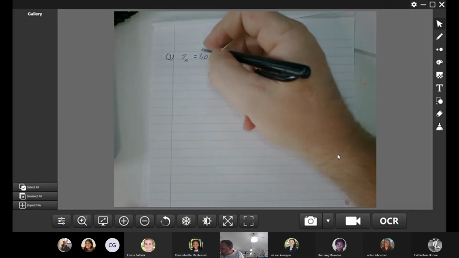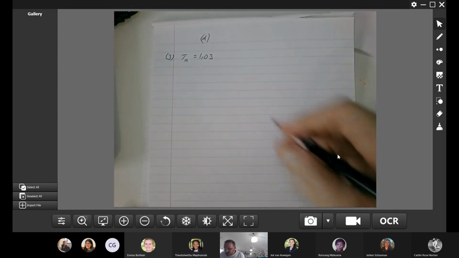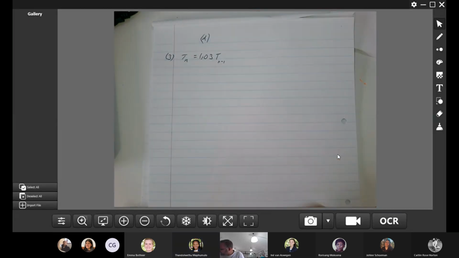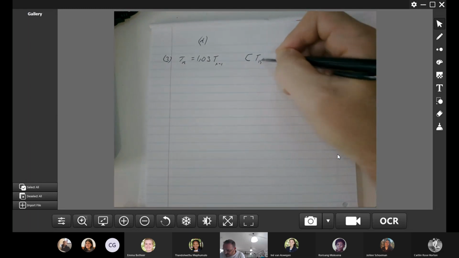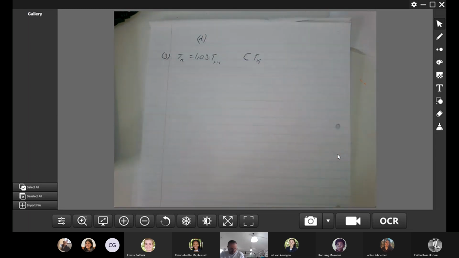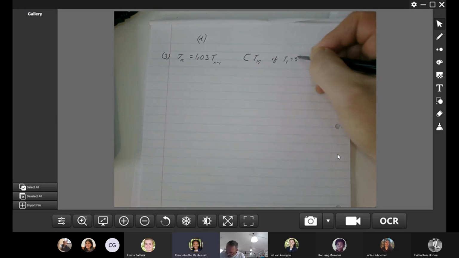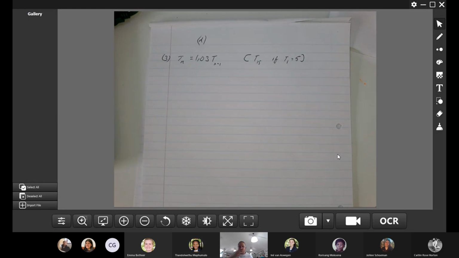Right, Tando, we're doing question 3 of exercise D, number 3. They give you the recursive formula, and they want you to go find term 15 if T1 is equal to 5. So the first thing I would do is actually write out the sequence.